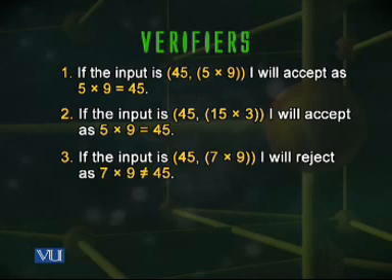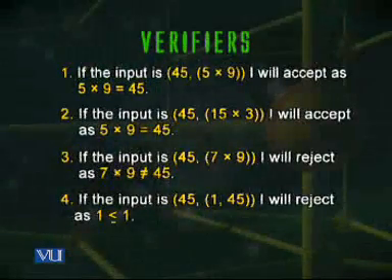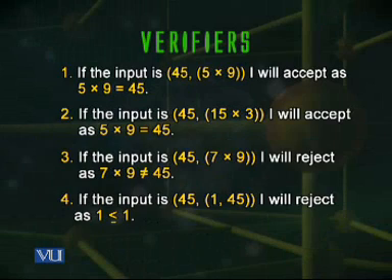I will reject this because 7 times 9 is not 45. So if somebody presents to me 45 and a wrong proof that 45 is composite, I will reject that proof. If the input is 45 and 1, 45, once again I will reject this proof because I have demanded that both numbers given to me must be larger than 1.